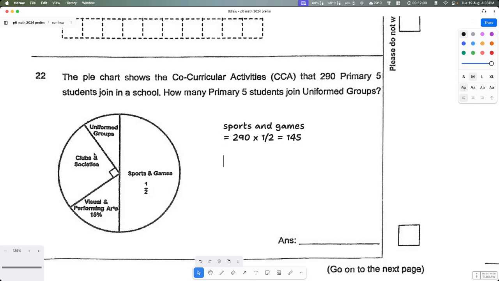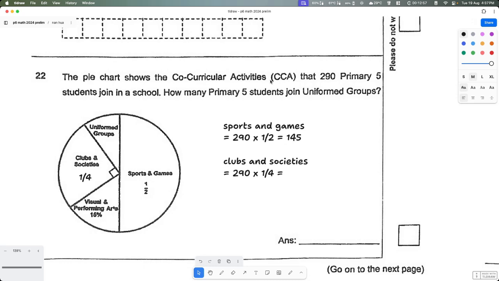Okay, so we know clubs and societies over here is 1/4, right? So we can write that also. Clubs and societies. Okay, so societies, not soy. Societies is equal to 290 times 1/4, which is basically half of this 290 over here.